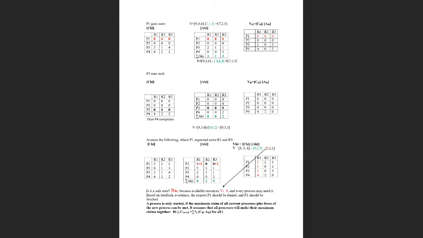If we continue with P1 and eliminate P1, the number of available resources increases, it is 7, 1, 3, and every process may go ahead. So we can continue with P3, and then with P4, and we avoid a blockage.